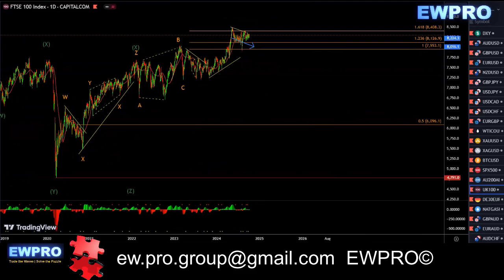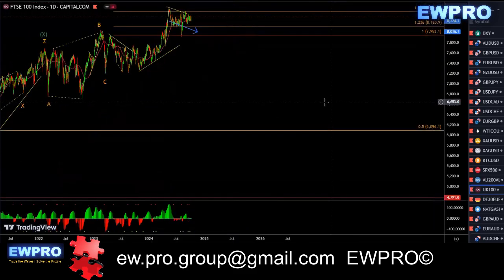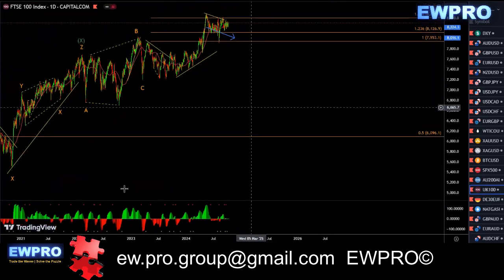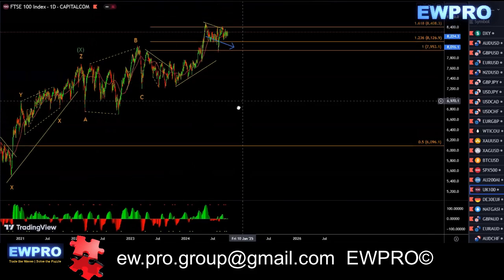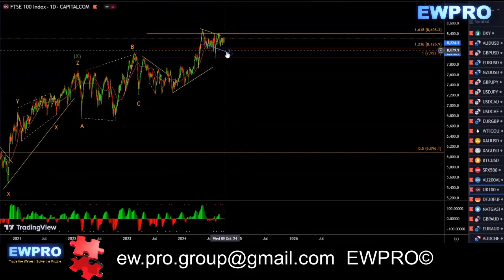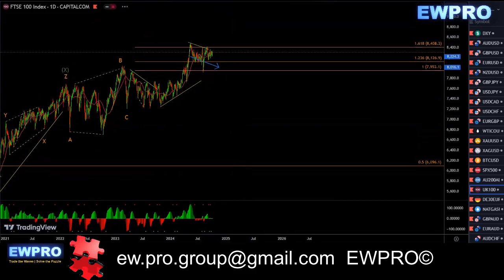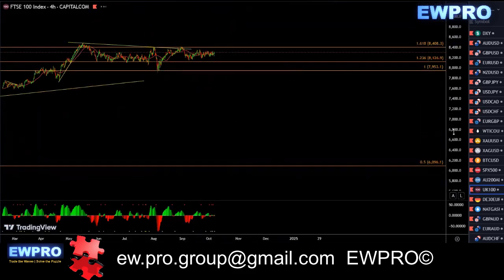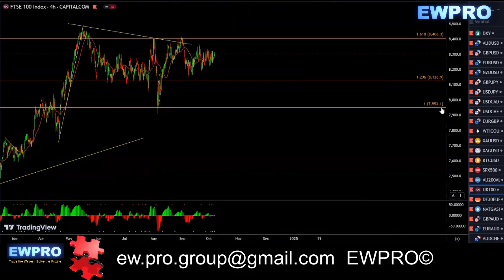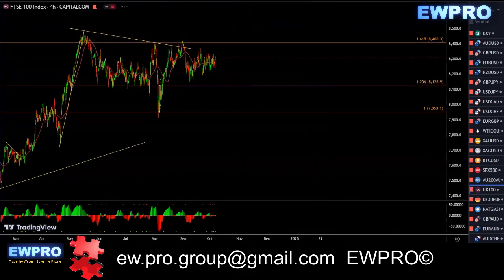The FTSE, there's nothing you can really do with this either at this stage. We've broken the top. I'm looking for a correction over here, a similar size to this. But yeah, you can only buy this.